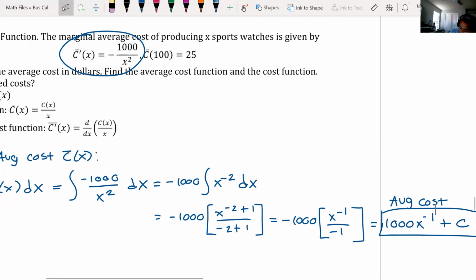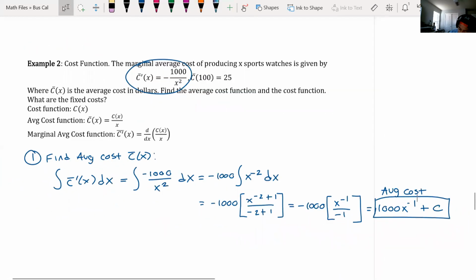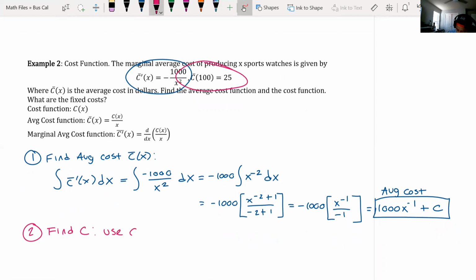Okay. So now to find C, we're going to use the clue given. Use C bar of 100 equal to 25.